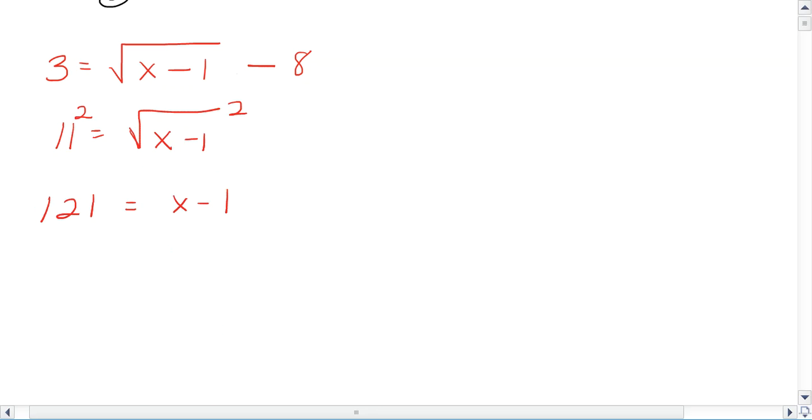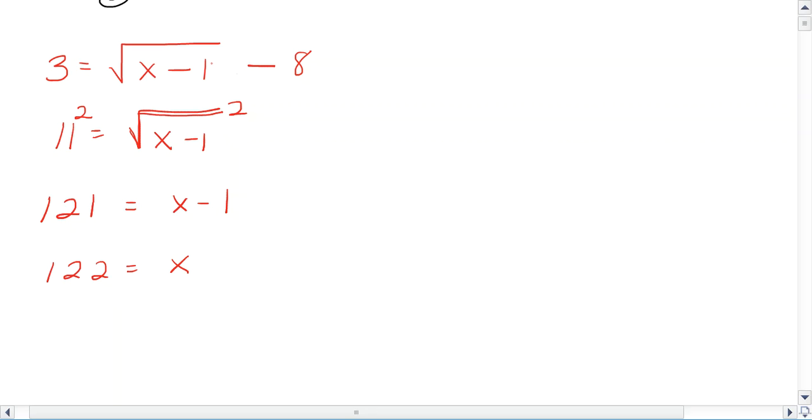Because this square root symbol and the squaring undo each other, add a 1 to both sides, and we get x is 122. And we do want to check this because it is possible to get garbage answers. Under here we'd get the square root of 121, so this is 11. 11 take away 8 is 3, so this works.